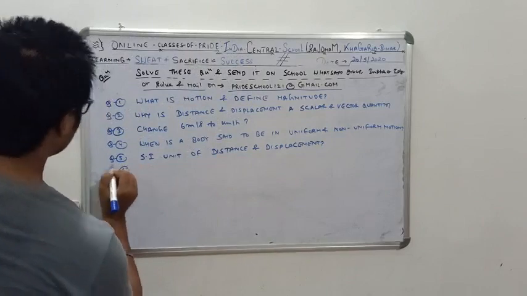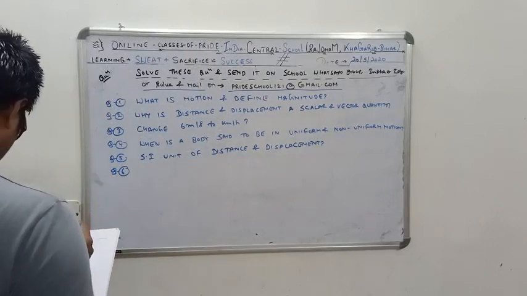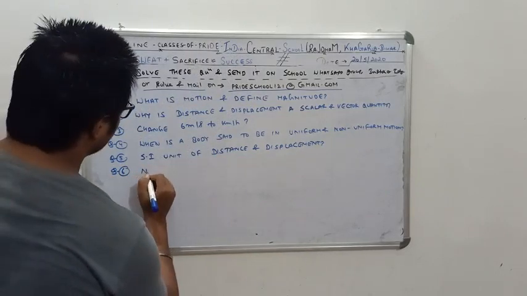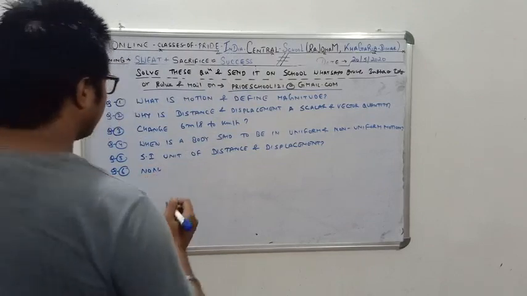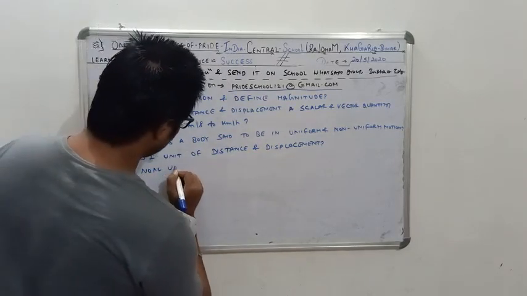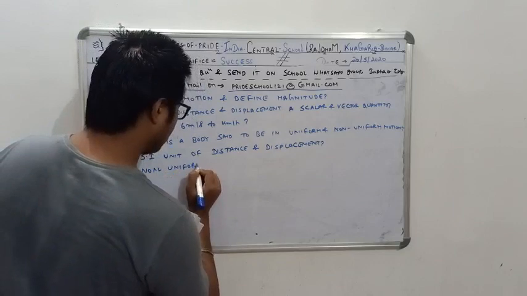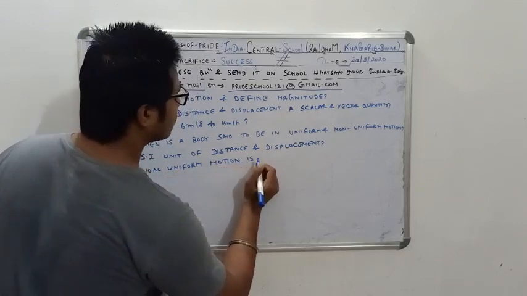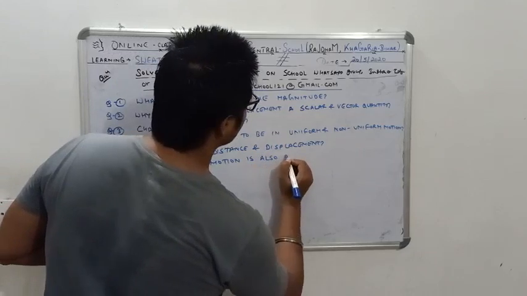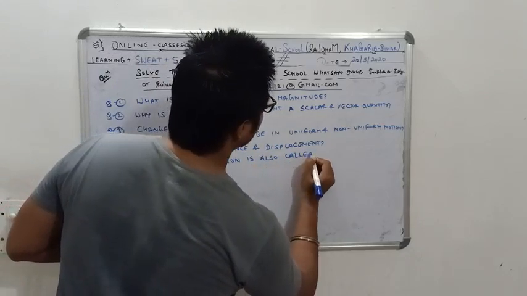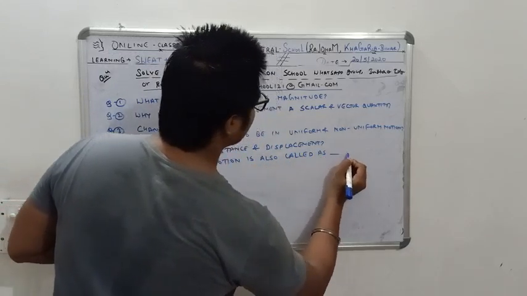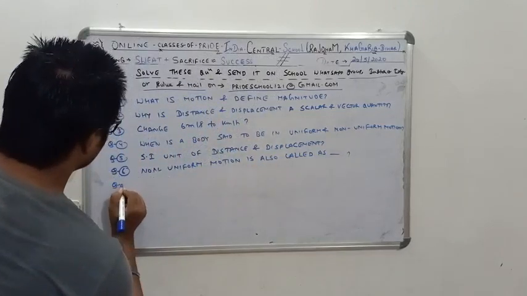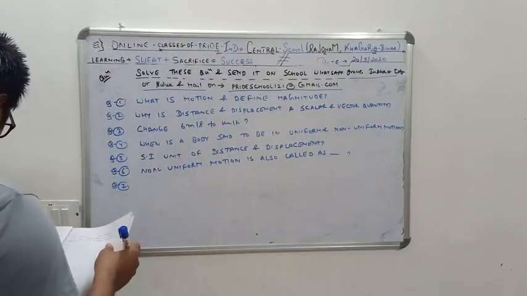Question number 6. Non-uniform motion is also called as what? Question number 7.